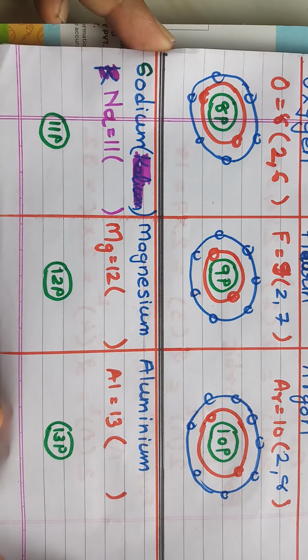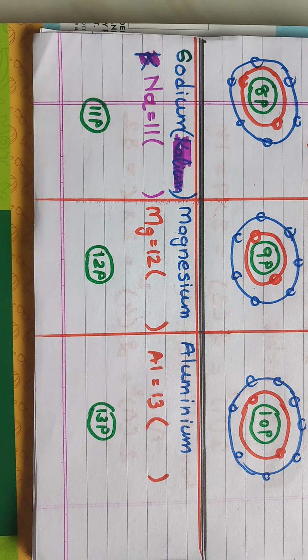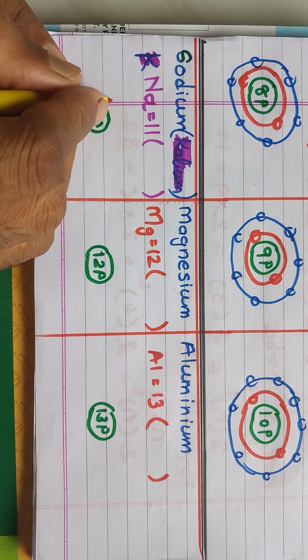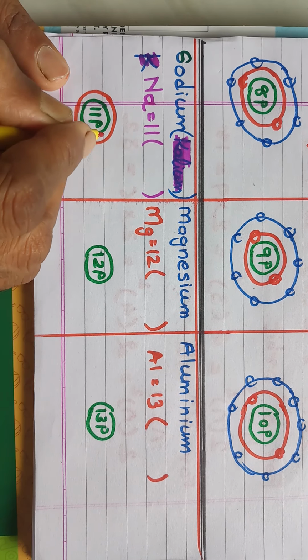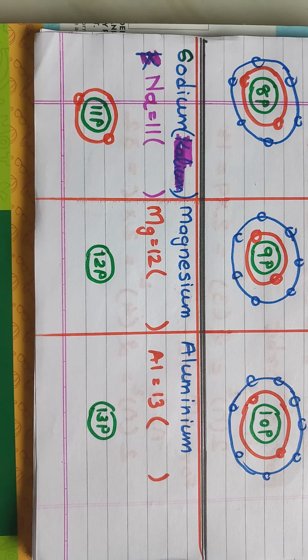Now sodium has 11 protons, so out of 11, the first orbit occupies 2 electrons, and the remaining is 9 electrons. The maximum capacity of the second orbit is to occupy 8 electrons, so we cannot draw 9 electrons in the second orbit.